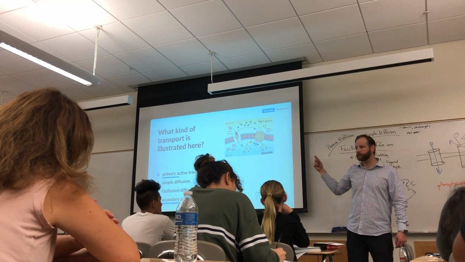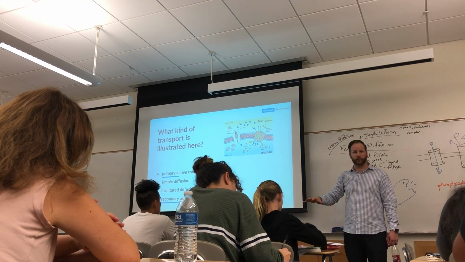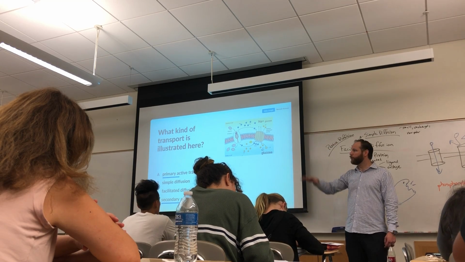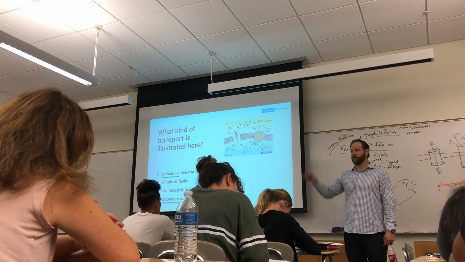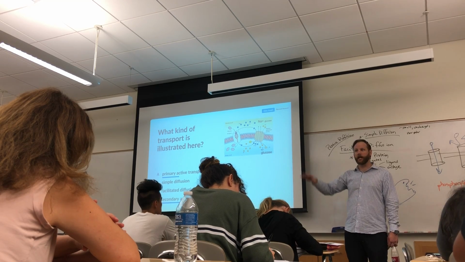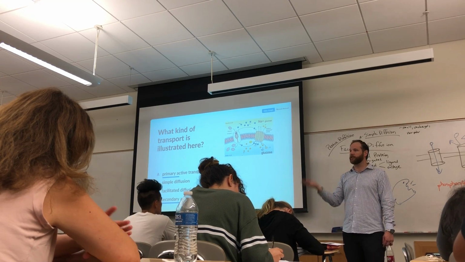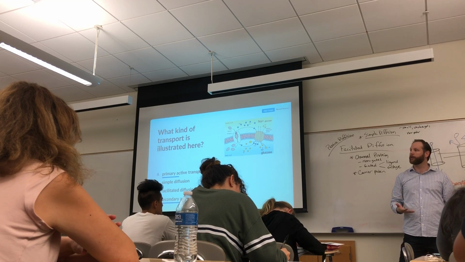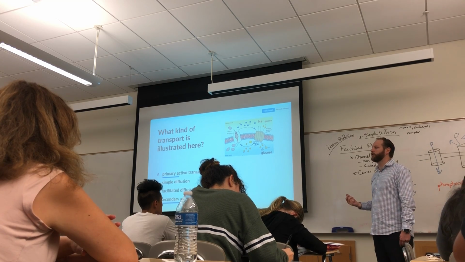Does that make sense? So one thing is diffusing down its concentration gradient. When things are moving, what kind of energy is that? Kinetic. Okay, we'll talk about that more in a little bit. Right, but the diffusion down its concentration gradient supplies the energy necessary to move glucose up its concentration gradient.